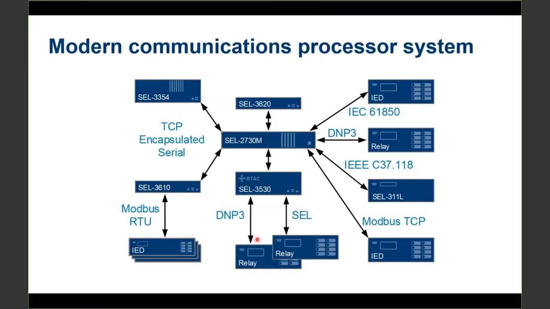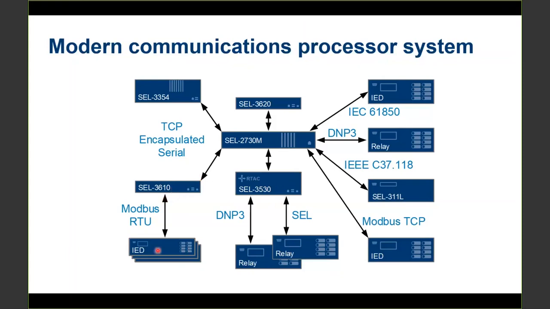But if you have an application with more than 33 serial connections, we can expand the connections using a terminal server such as the 3610. The 3610 will expand the number of serial connections and receive the physical connection from the relays, and I can set up my 3530 to poll the relay using the IP address of the 3610. Let's imagine I will send a poll to this relay using a Modbus connection.